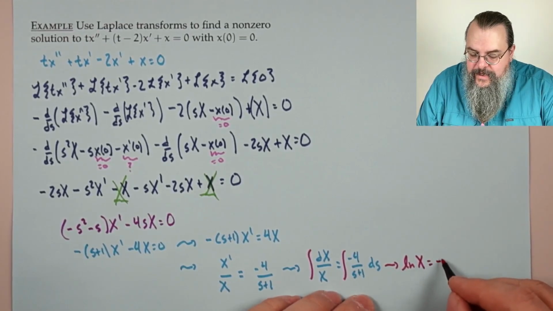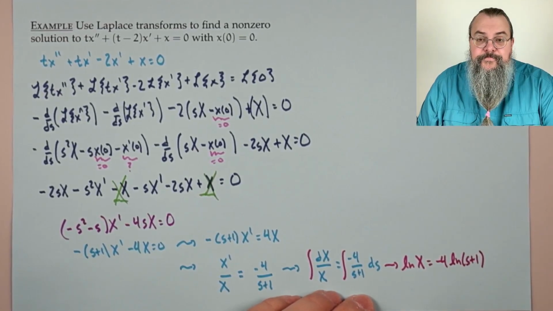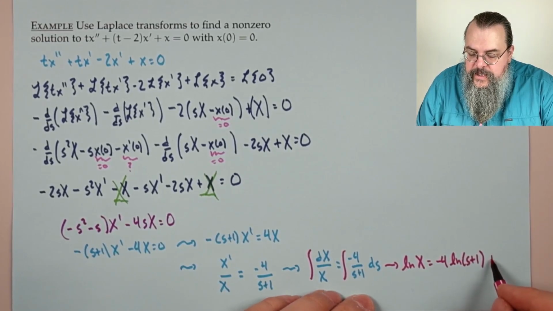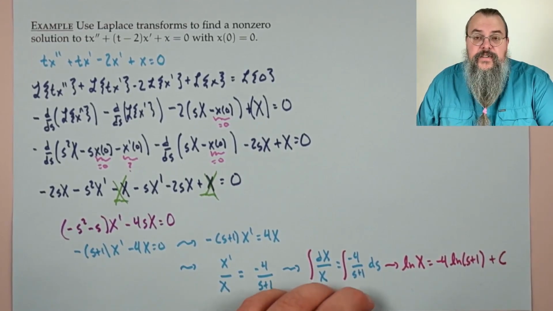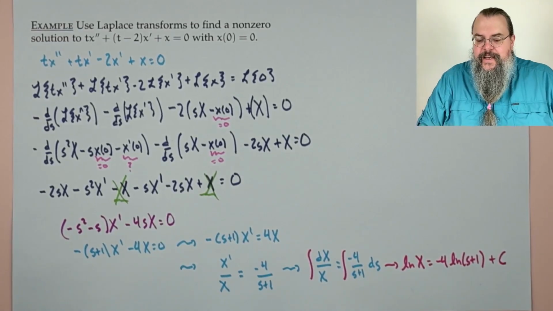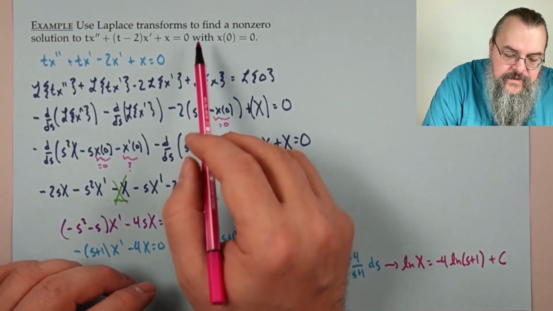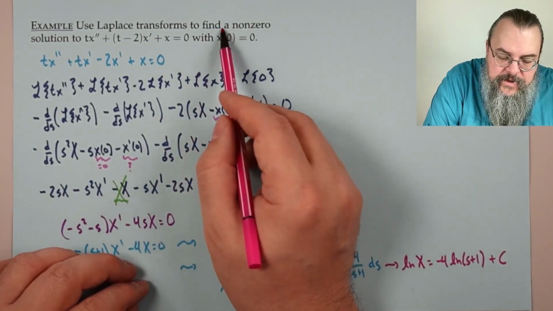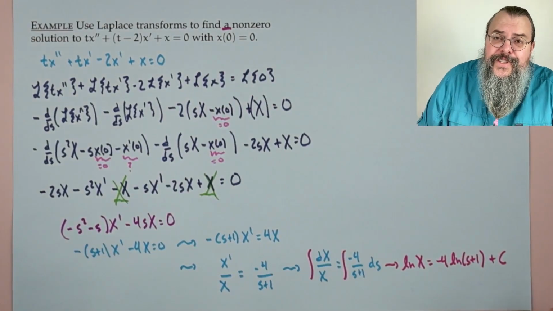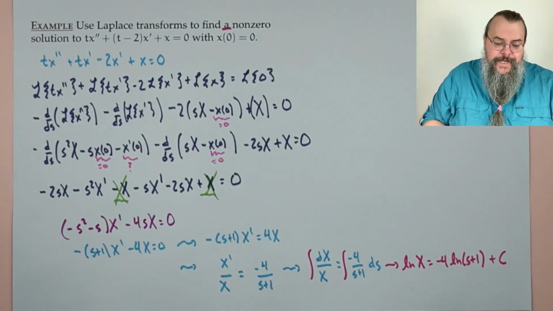Well, it's negative 4 log s plus 1. Well, okay, and then of course you get plus some constant c. We won't worry about the constant right now. And, well, of course, notice it says find a non-zero. We don't have to find a whole bunch. So we can make a choice. Let's just choose our constant to be 0. Okay, why not? We can do that.